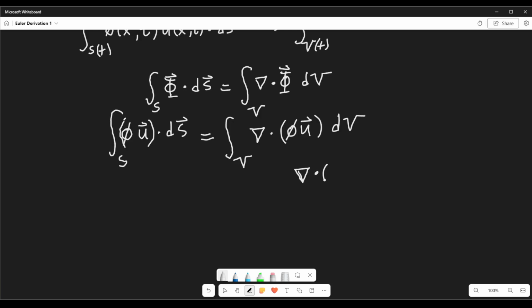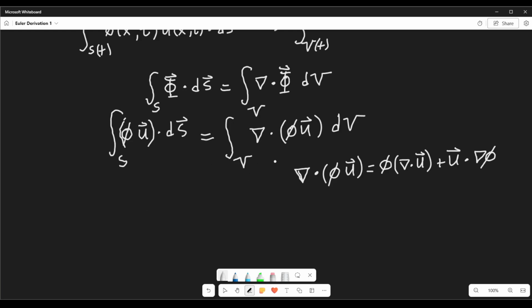The divergence of this guy, which is a scalar field times the vector field, equals the scalar field times the divergence of the vector field, plus the vector field dot product with the gradient of the scalar field. Okay.